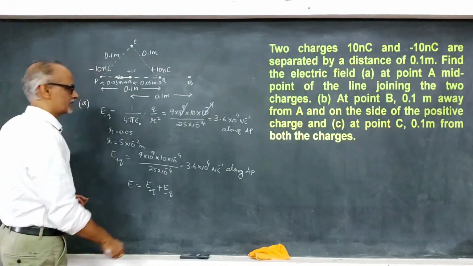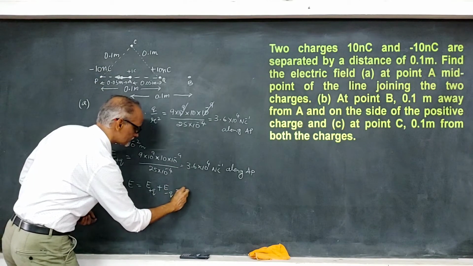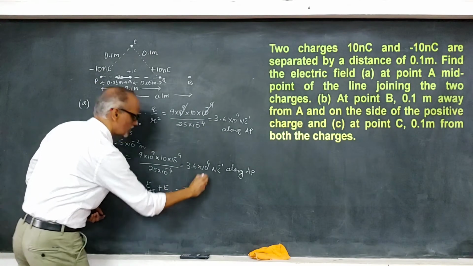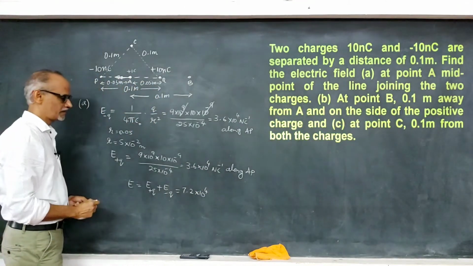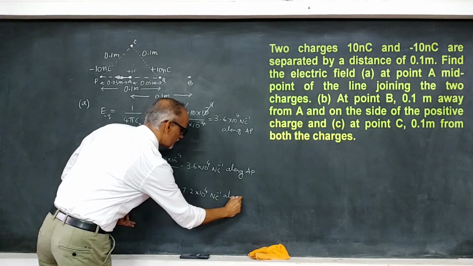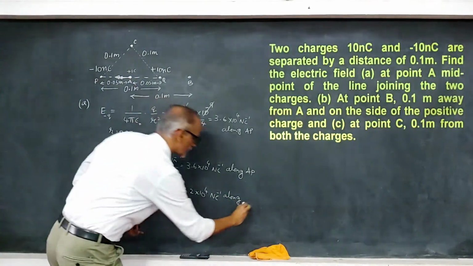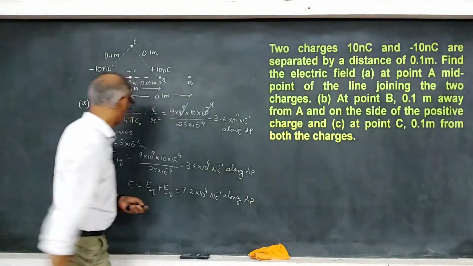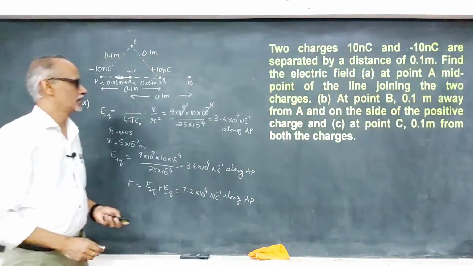So that's why we add. On adding 3.6, you will get 7.2, and 10 to the power 4 is common for both. So 7.2 into 10 to the power 4 Newton per coulomb, and that will be along this direction, along AP. So this is option A. Now let's find option B.